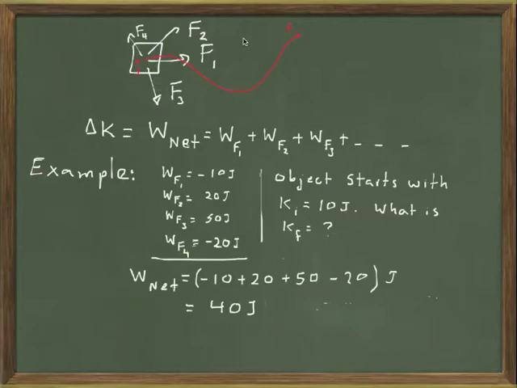That's the definition of net work. So minus 10 plus 20 plus 50 minus 20, you get 40. Net work, according to the theorem, is equal to the change in kinetic energy, K final minus K initial. So if I start with 10 joules of kinetic energy, my final kinetic energy should be 50, right? 10 plus 40.